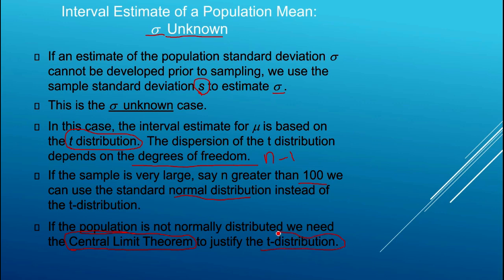If you have, say, 30 or 50 observations, and you're not sure that the population is normally distributed, then you can use the central limit theorem to justify using the t-distribution, in the same way that we use the central limit theorem to justify using the normal distribution in the case where we knew the population standard deviation.